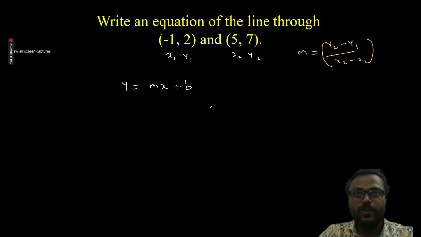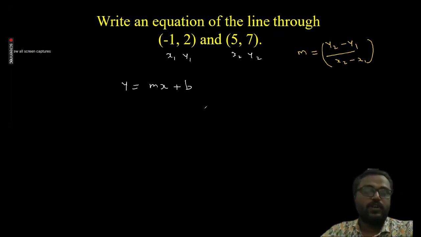Get me the slope first. Jacob, Frederick, Daniel, what is the slope of the line joining these 2 points?